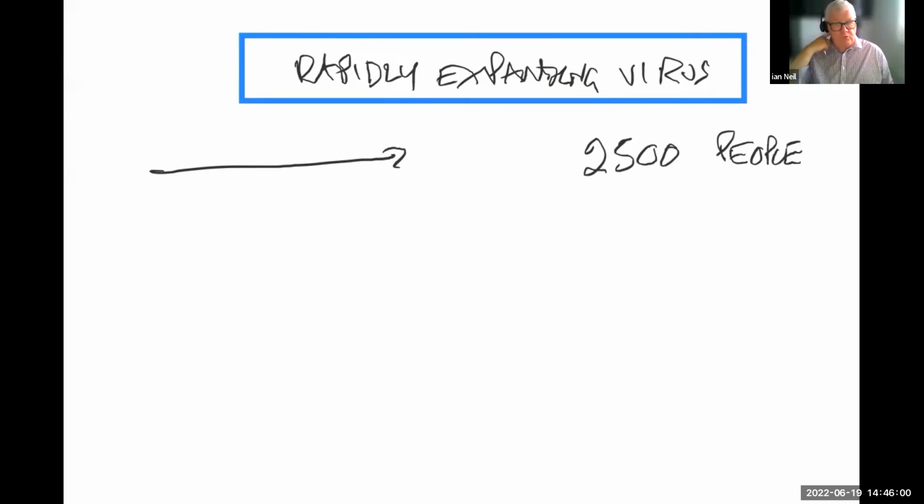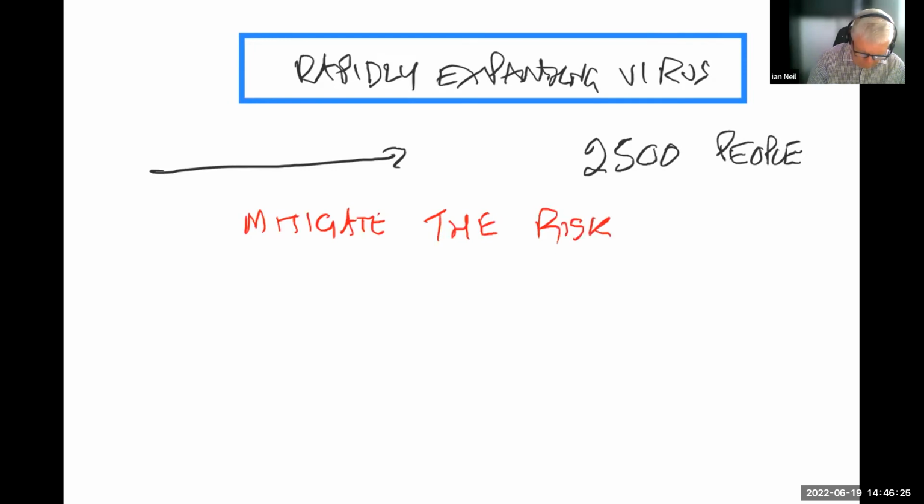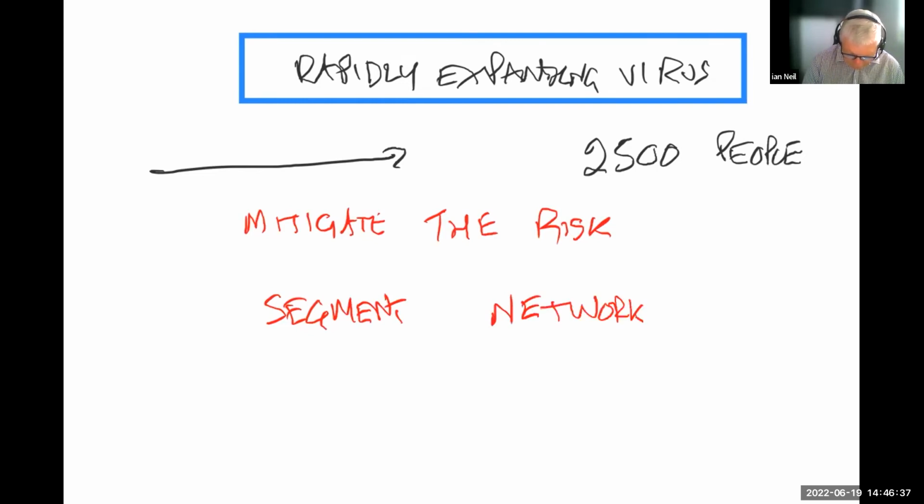In the exam with rapidly expanding viruses, they're not asking you to identify the virus this time, but what they're trying to say to you is, how can we mitigate the risk? What we're going to do is segment the network. And we could segment it by using a router, or we could segment it by using a firewall, which is unusual, but it comes into the exam.